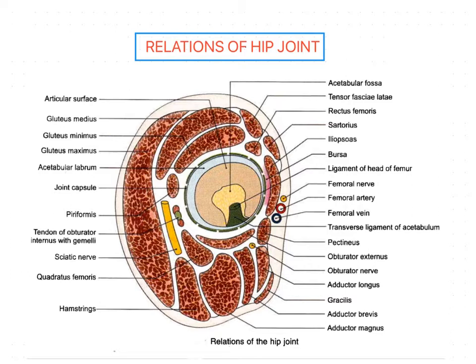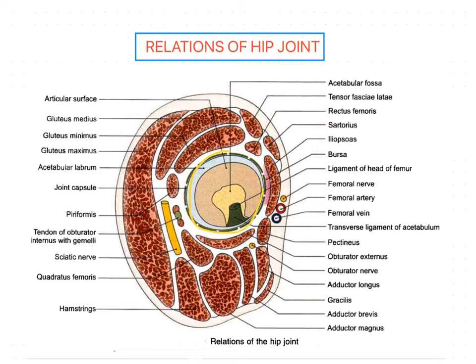So here in this picture you can see the longitudinal section on the lateral aspect of the hip joint. Here the head of the femur is removed, and you can see the muscles and some of the structures which are related to the hip joint.